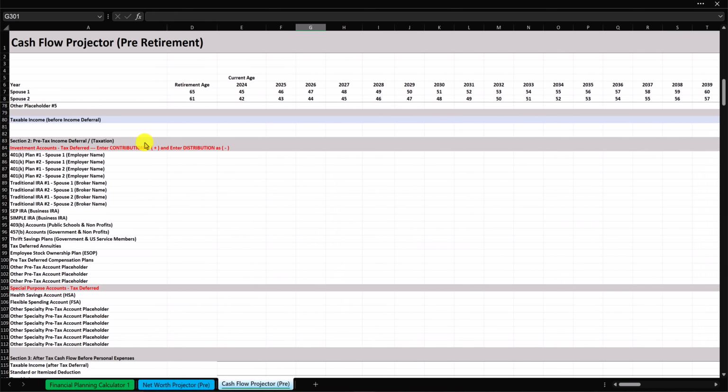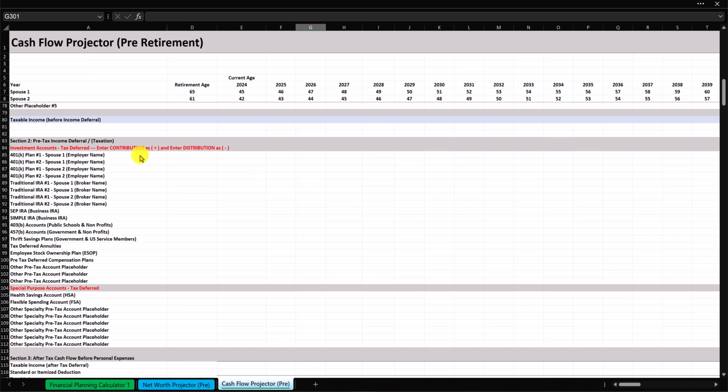So the way that this will work within the calculator is that when money goes into one of these accounts, first off, it will be a deduction in the current year. That is why this section right here is presented before the section where we calculate income tax, which is going to be down here in section 3.